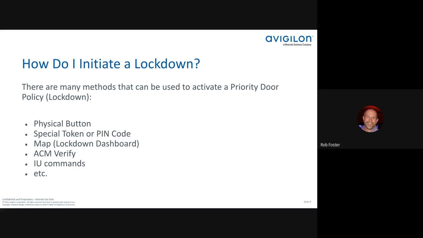You could use a special token or a PIN code. You could use ACM Verify. You could even go into the user interface and initiate the lockdown, or a combination of those things. So keep that in mind. I see all of these out in the field, and sometimes a combination of all these initiation methods.